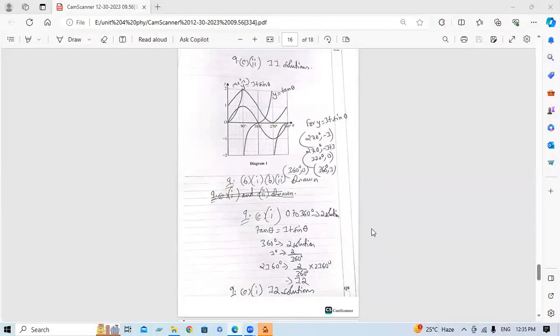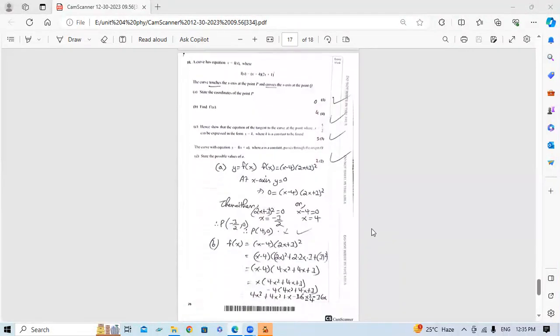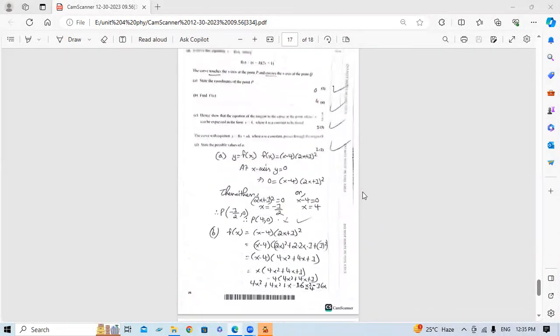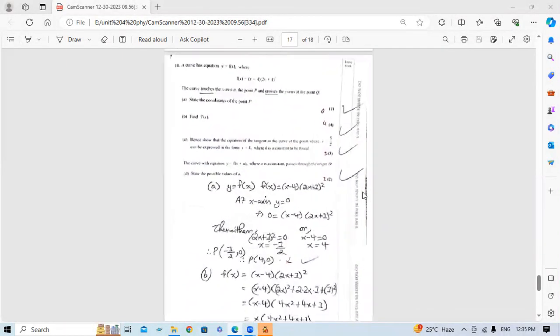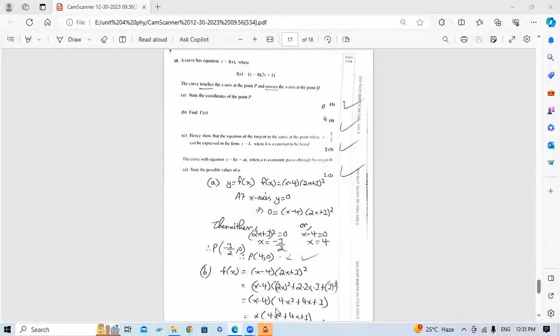Okay, then move on to question number 10. A curve C has equation y equals f(x), where f(x) equals (x minus 4)(2x plus 1) squared.